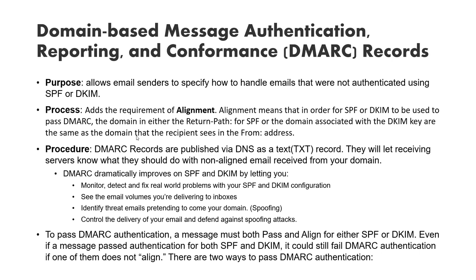Because it allows you to flag and notify you that you failed SPF or DKIM. The other ones are just silent killers, right? If it doesn't match the receiver's profile, it just goes to spam or doesn't get delivered. This one actually tells the system, if this fails and goes to spam, tell me what failed. It allows you to get those reports, and we'll get to that in a second as well.